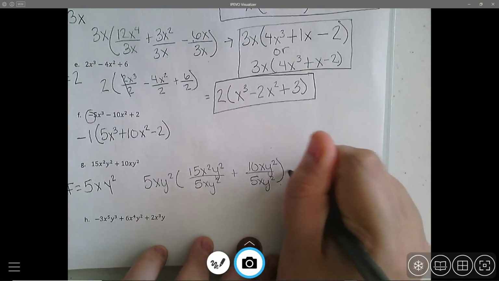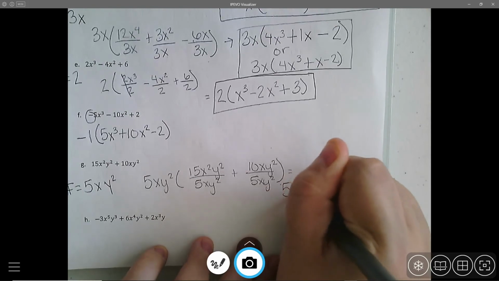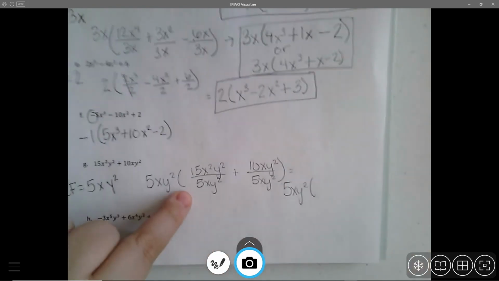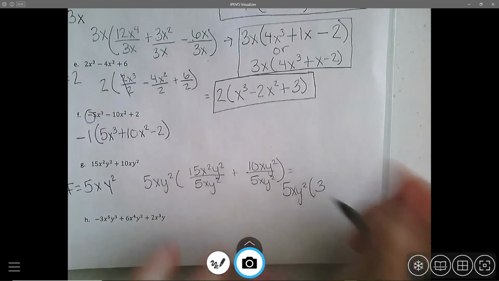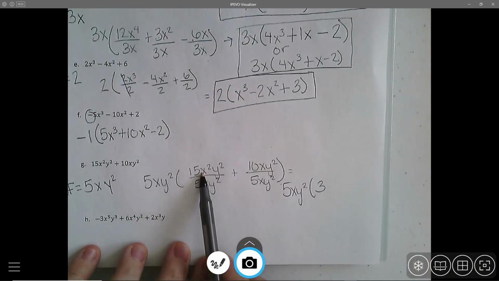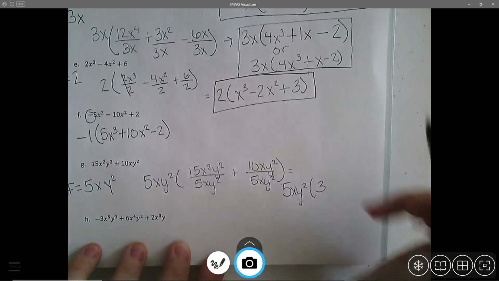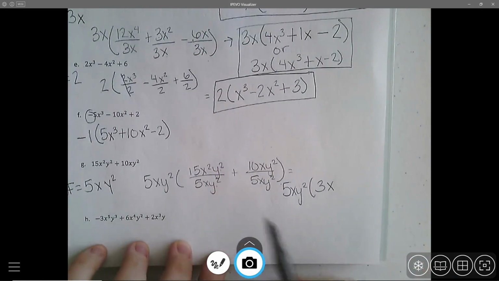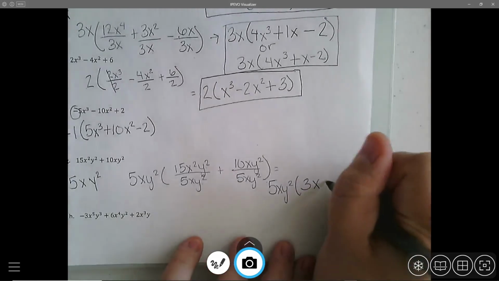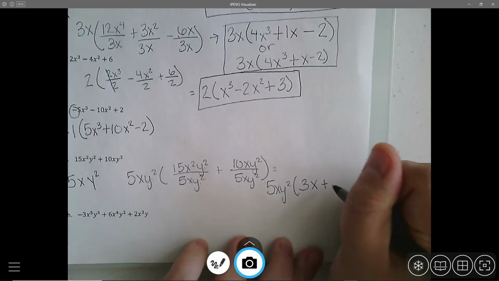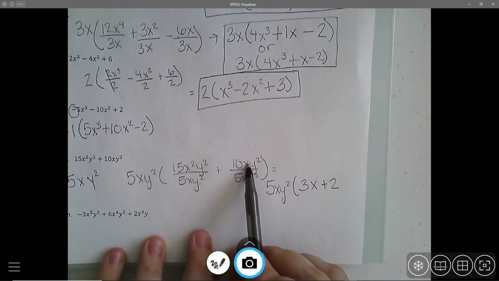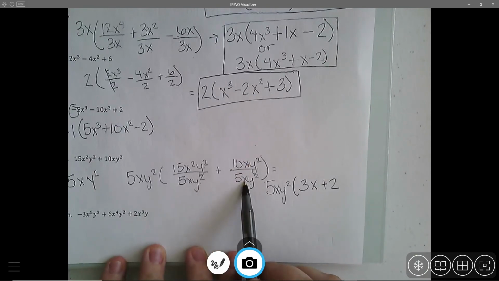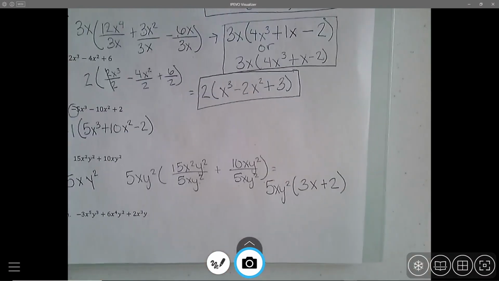You're left with the 5xy squared. 15 divided by 5 is 3. And then I look and say, I had 2 x's, I took away 1, so I still have an x. I had 2 y's, I took away 2, I don't have any y's. Plus, 10 divided by 5 is 2. I had 1 x, I took it away. I had 2 y's, I took it away. And there would be then my final answer.